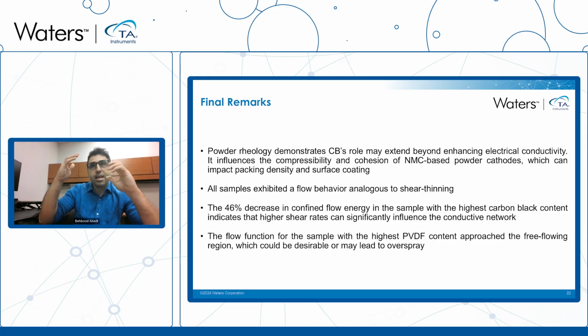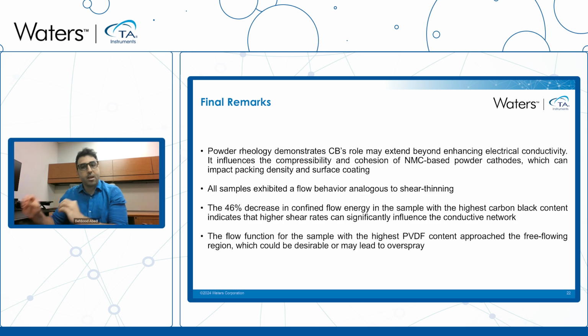So when you see that abrupt decrease in your flow energy, it's very important that you have in mind that your conductive network, that network-like aggregation of carbon black, is not like when it was at rest. So it's very important that you check now your conductive network, because you see it in rheology that that cohesion, that aggregation network-like is not in place anymore.